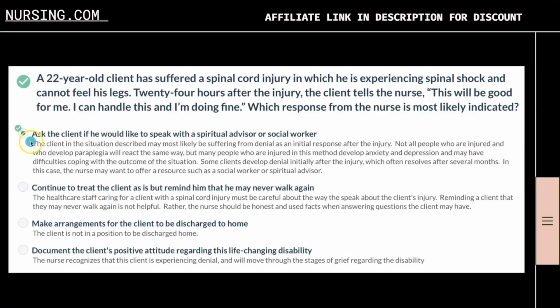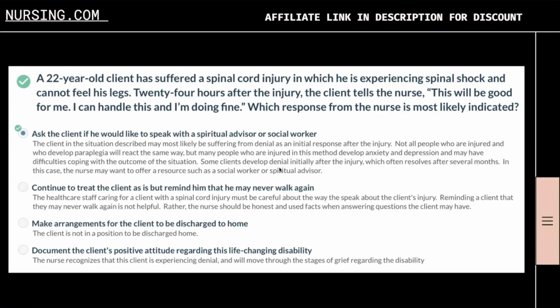The correct answer is, ask the client if he would like to speak with a spiritual advisor or social worker. The reason for this is because the patient is most likely in denial. Think back to Elizabeth Kubler-Ross, and she talked about the 5 stages of grief, but this just happened. There's no way that he's already accepted what happened to him.